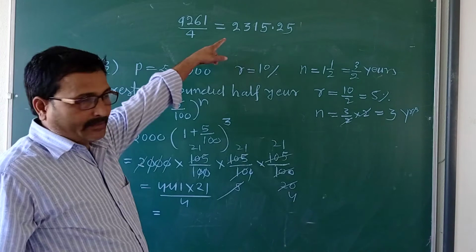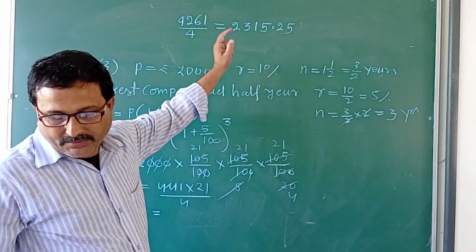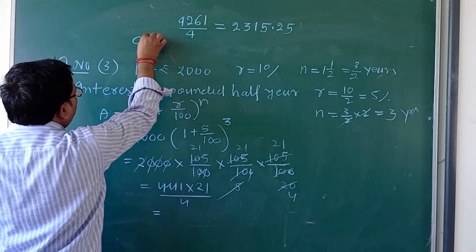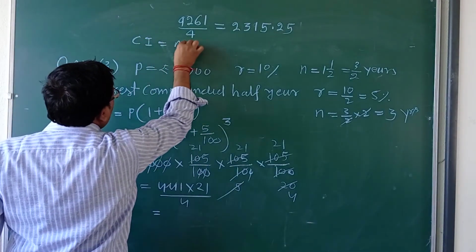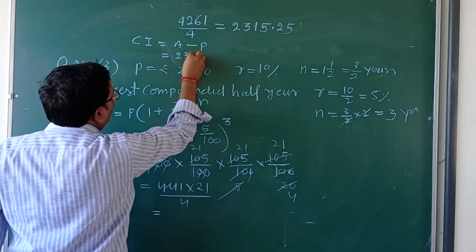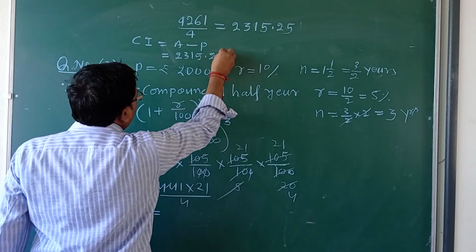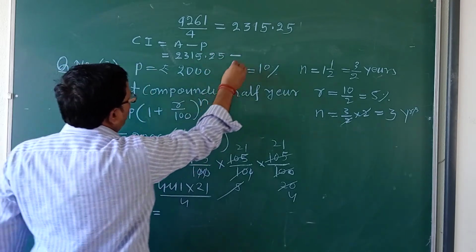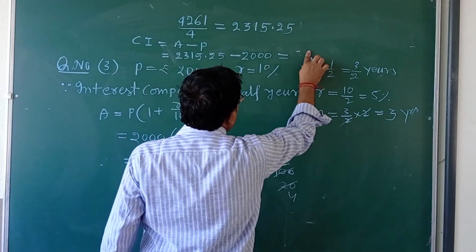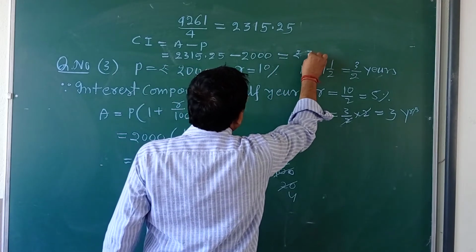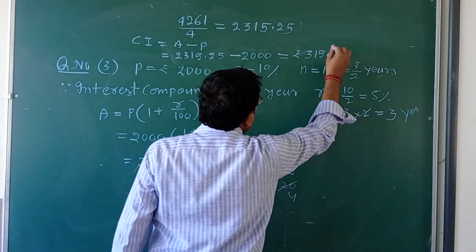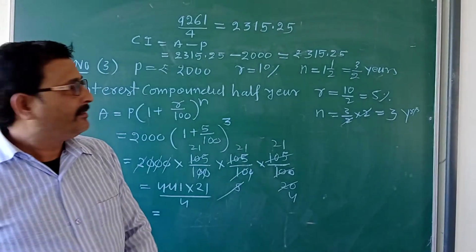This is the amount. Now compound interest, CI, is equal to amount minus principal. Amount is 2315.25, principal is ₹2,000. You will get 315.25 rupees. This is your compound interest.